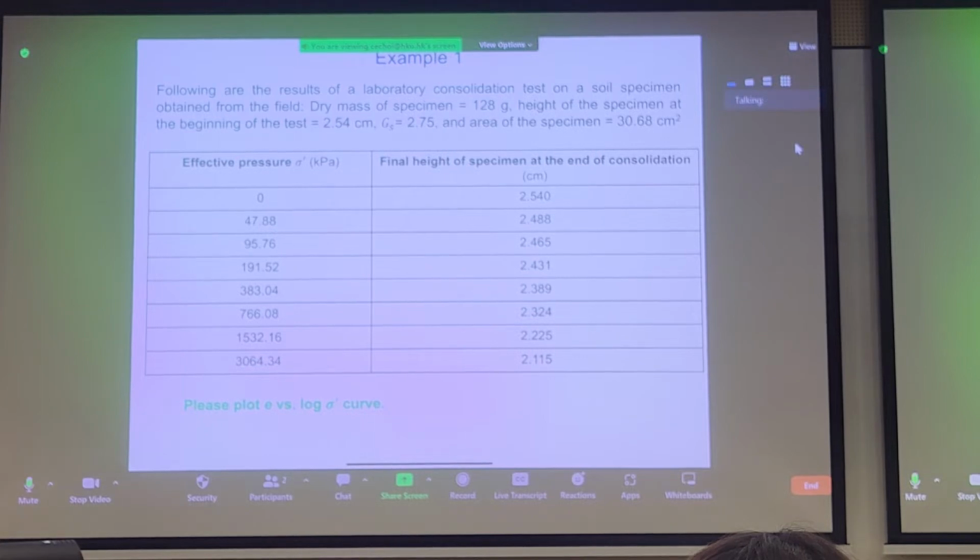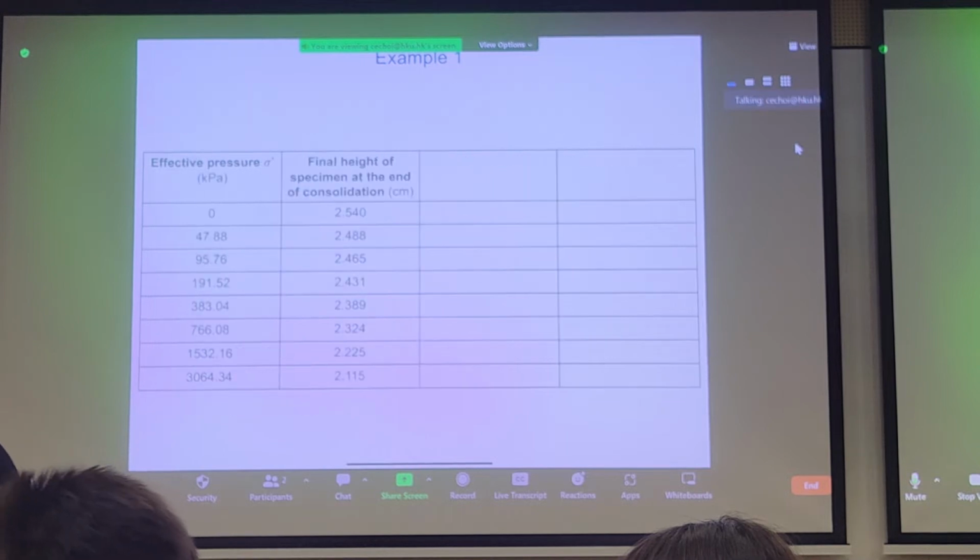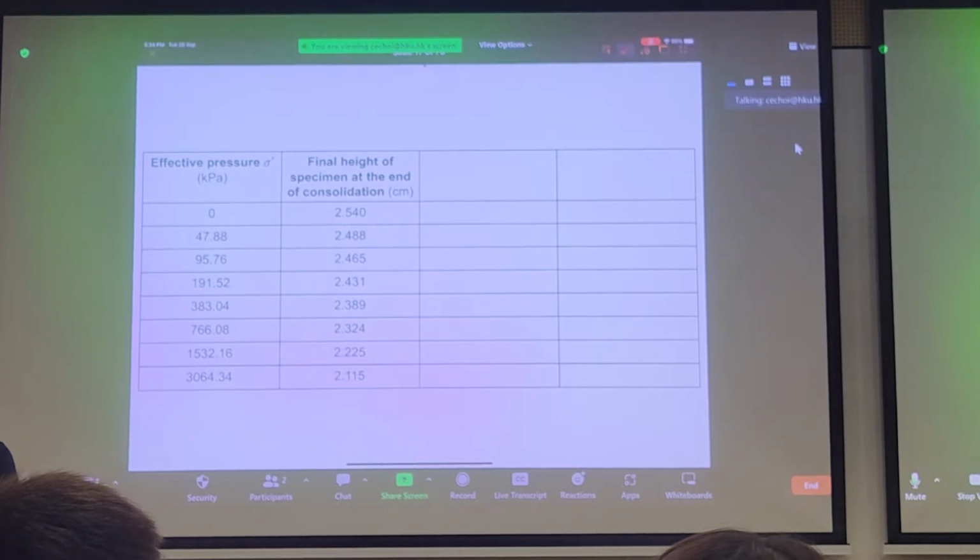So, if we want to make use of odometer data, we need to be able to plot void ratio versus logarithmic effective stress. I'll explain why we use logarithmic plots later on, instead of simply plotting with sigma prime. So let's do this example together. Based on the series of equations I showed you before, we can calculate the height of solids first.